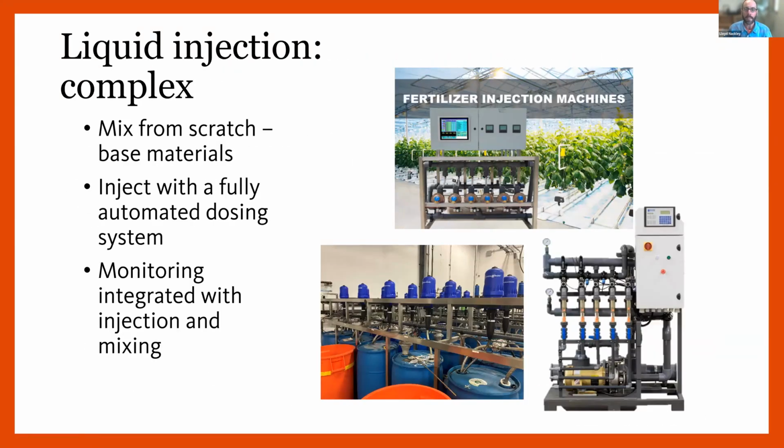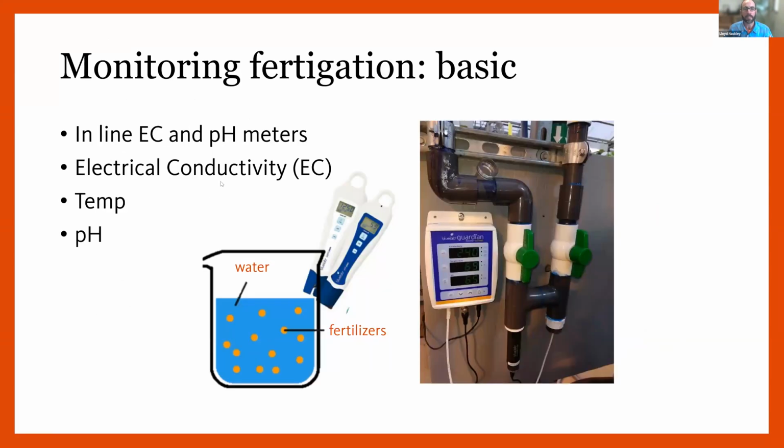Monitoring can be complex, like these systems here, where a computer is measuring, responding, and dosing automatically. That is one option. I think we might be talking to people at an entry level, and monitoring can still be done very effectively and not that expensively, meaning a couple hundred dollars with handheld pens.